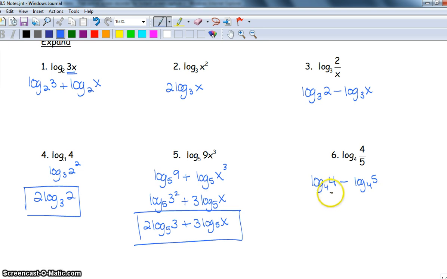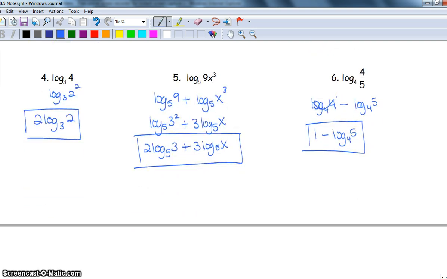There's a couple different things you could see here. 1, 4 becomes 2 squared, but you also should see, remember that log base 4 of 4 cancels, and you're left with just the exponent. And that's really 4 to the first power. So this breaks down as 1 minus log base 4 of 5.